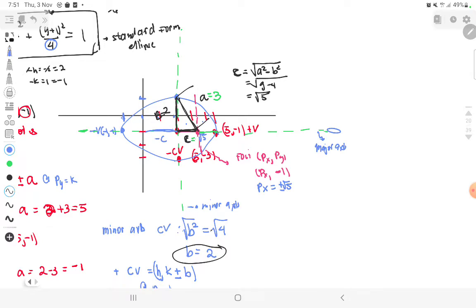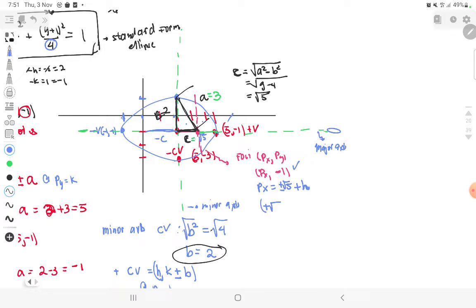There's also a negative C here. So Px is equal to positive or negative square root of 5, plus, of course, H.